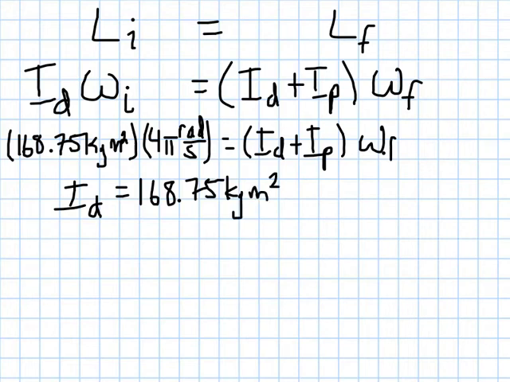kilograms meters squared. Now we need to find the moment of inertia of the person in the final case, when the person is at the very edge. We are going to model this person as a point mass when they reach the edge of the merry-go-round. And so they will have a moment of inertia of their mass times their distance from the center of rotation squared.